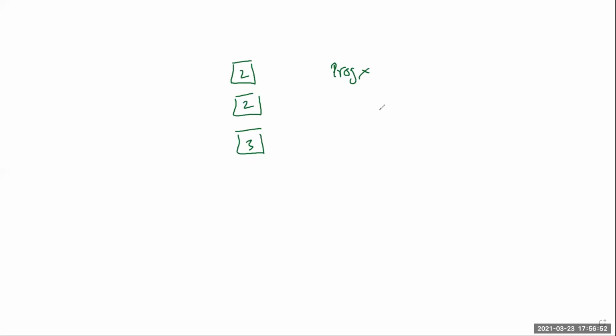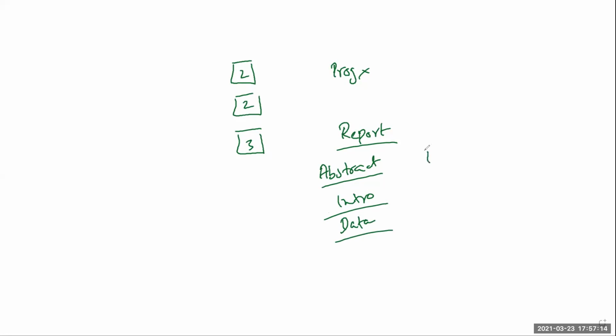The main idea is that you will be preparing a report, okay, just like you prepare research papers. So we expect that the report starts with a small abstract, then you have an introduction, that what problem you are solving, then maybe you describe the data, okay, what data set you are using, and then you have a section on methods, right?